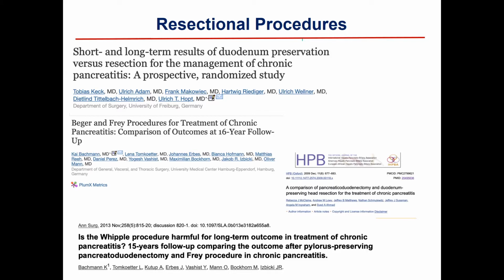And even when you looked at the Berger versus the Whipple procedure for inflammatory head of the pancreas, the Berger always came up in single center studies better than the Whipple, for length of time, blood loss, and minor improvement in hospitalization. But again, these were all isolated centers with a lot of performer bias, a lot of surgeon bias.